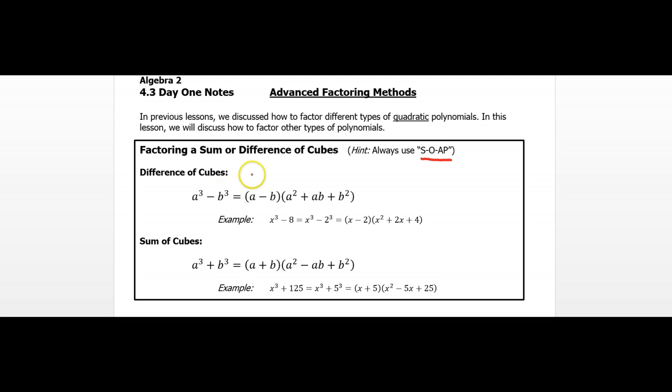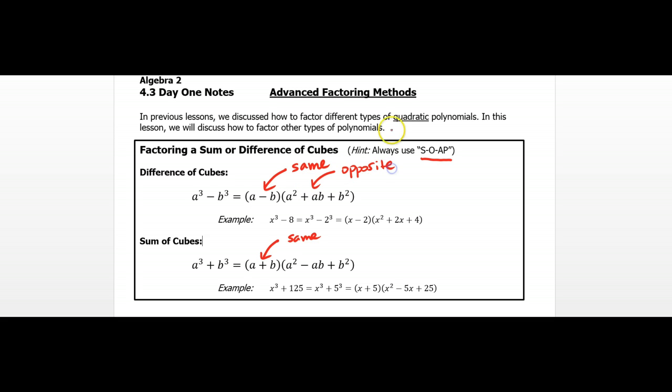For each one, you're going to start with the same sign. So in that binomial right there, for a difference of cubes, you're going to use a minus sign, because this is a difference. For a sum of cubes, you're going to start with a plus sign. The next sign, which is going to be the first sign you put in your trinomial, is always going to be the opposite of the last sign you used.